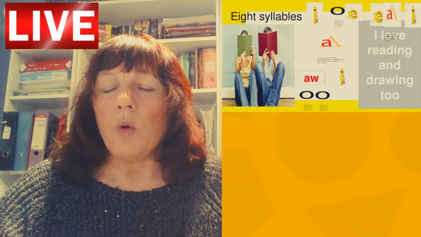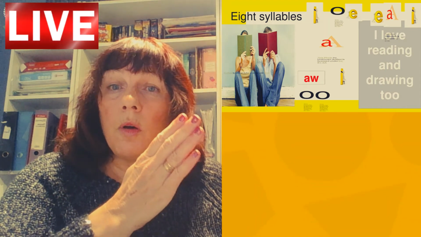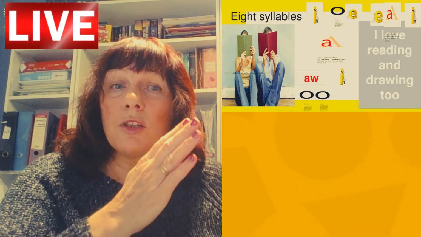But because it's working with the A, it has a different sound. And in this word, drawing, you can hear the O. And look again at the 2 O's together, two. And remember, there is a difference between the English word to, T-O, and the English word too, where you've got 2 O's, because that too means as well.